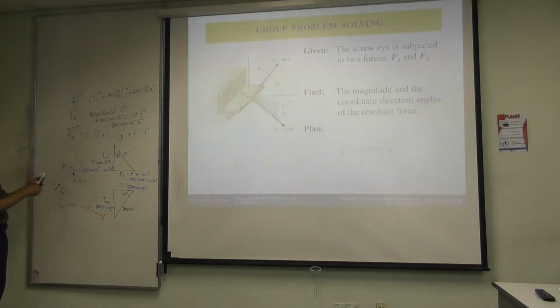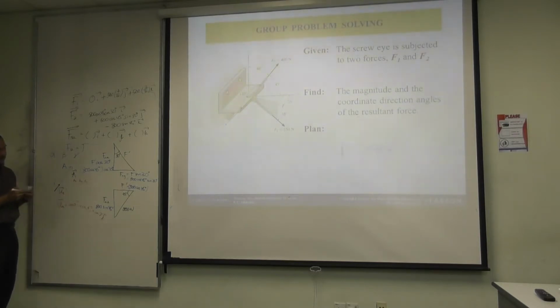In this question, you have to go one step further: what is the magnitude, which you can calculate there. And what is coordinate direction angle? Anyone remember? It's basically alpha, beta and gamma.